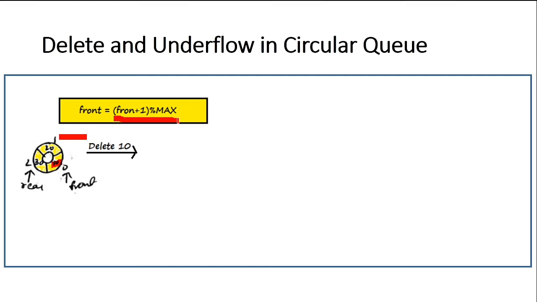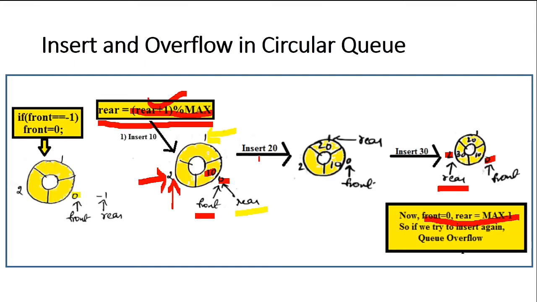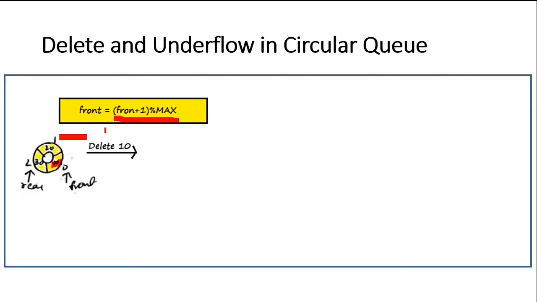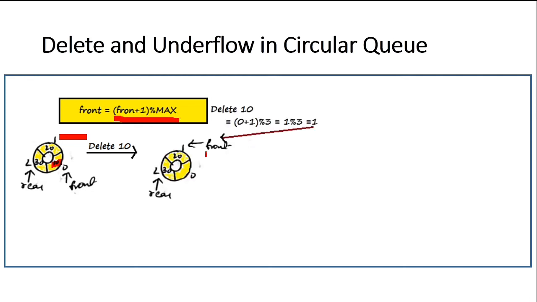In the same way whatever we have done here, I have used rear is equal to rear plus 1 mod max. Here I am going to use front is equal to front plus 1 mod max. So when we delete 10, 0 plus 1 mod 3 is nothing but 1. So front is now pointing to 1.